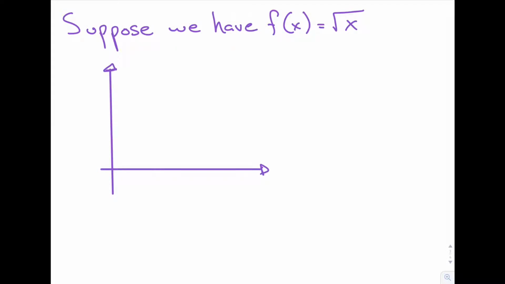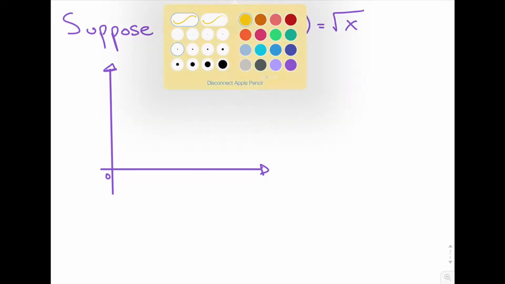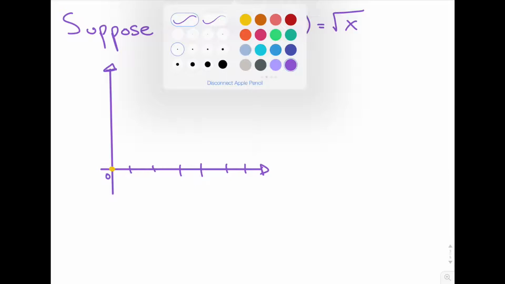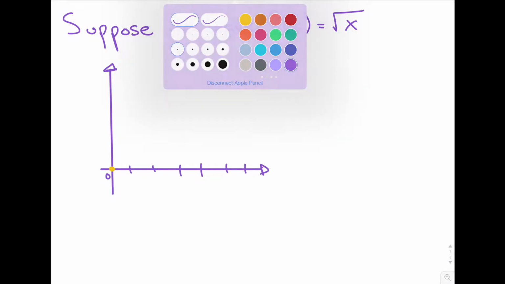If we plug in 0 for x, we get 0 back out. We can take the square root of 0 since 0 squared is 0, so we will plot that point. What about the square root of 1? The square root of 1 is just 1 by a similar logic. So when we plug in 1, we get 1 back out, right there.